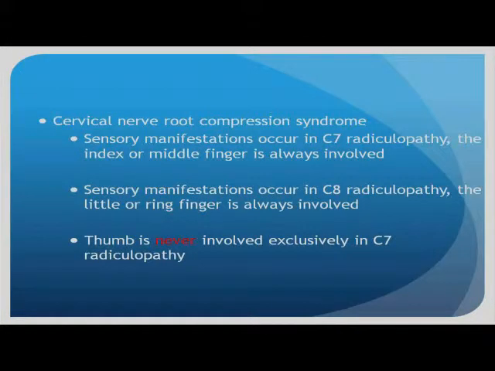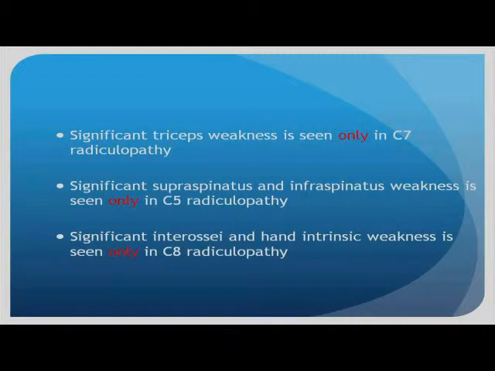Some things that can be helpful is that if you have a C7 radiculopathy, you're always going to have middle finger and index finger involvement. And if you have C8 radiculopathy, you're always going to have fourth and fifth finger, especially fifth finger involvement. You never have the thumb involved in a pure C7 radiculopathy. And you only will see triceps weakness in a pure C7 radiculopathy.